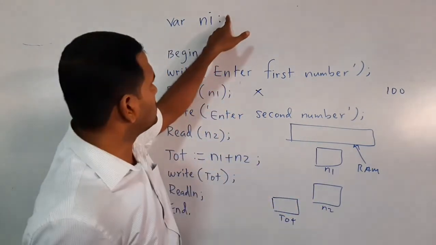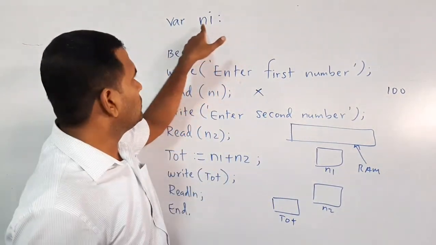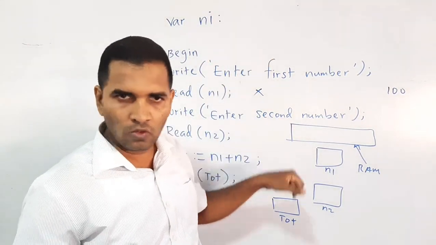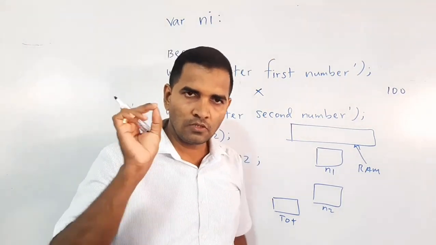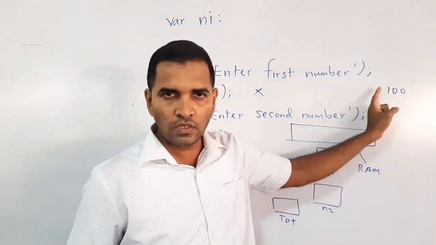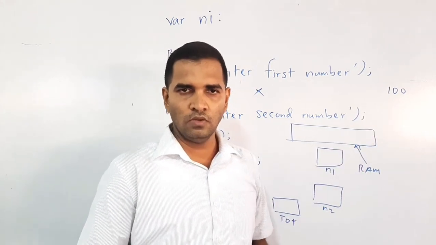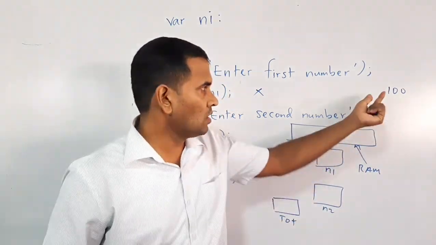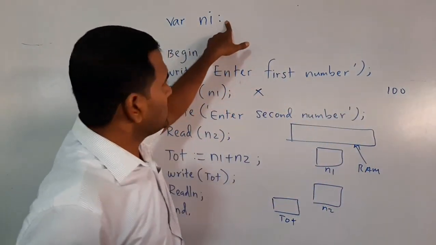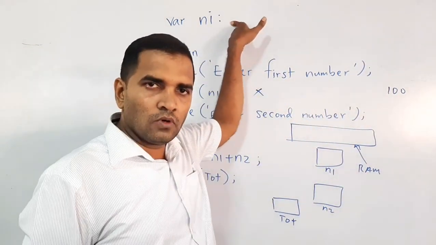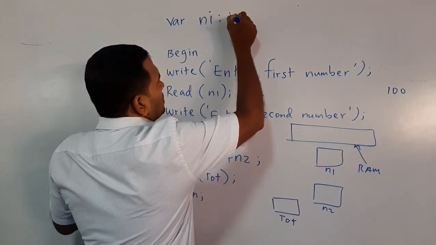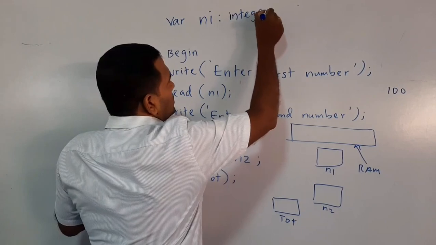Then we must write one more thing, because I just mentioned that a variable is for storing data. Now I must tell my computer that this variable, N1, is going to be used in my program to store whole numbers. Assume this program has been written to add whole numbers, not fractional numbers, whole numbers like 100, 20, 50. Since this program is for adding whole numbers, I have to write integer.